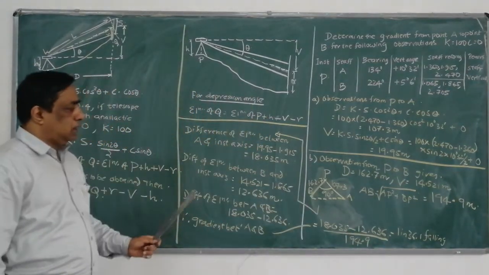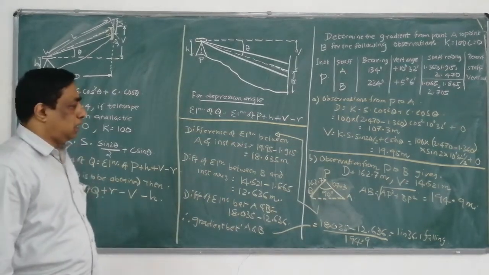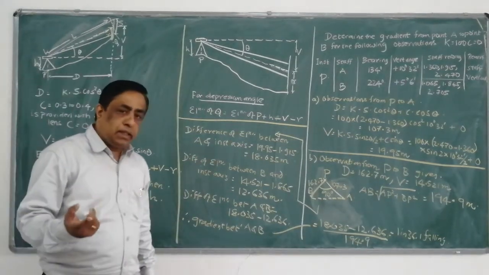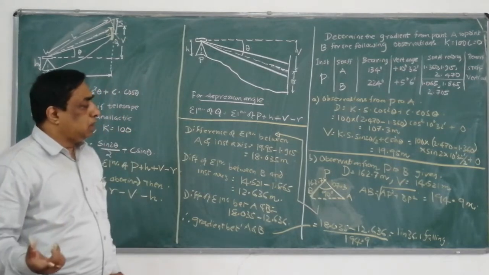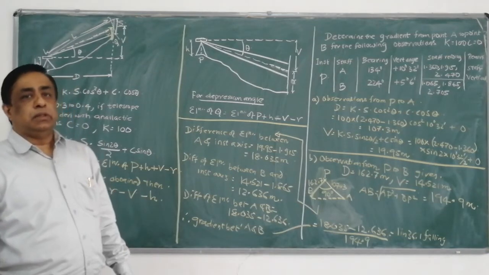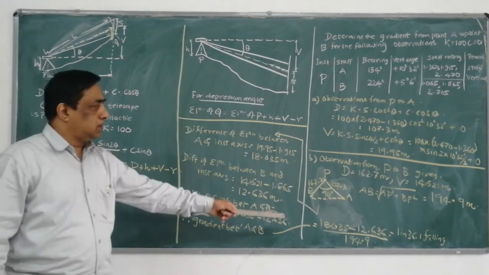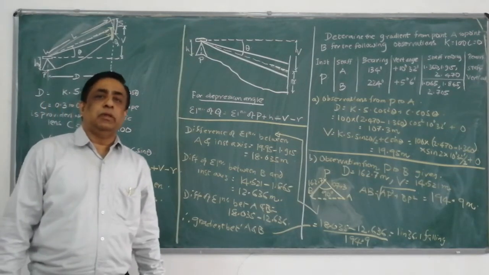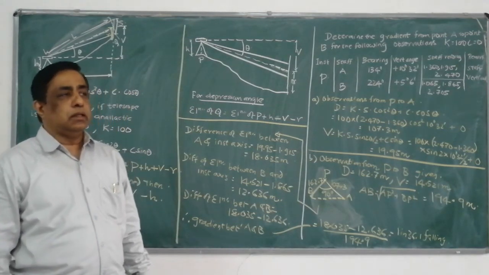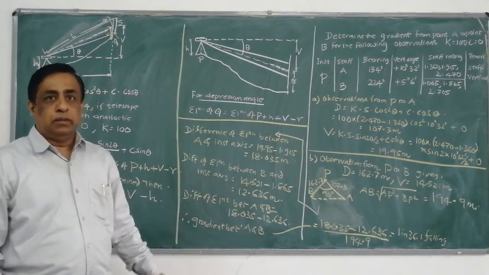That is, the gradient from A to B is falling at a gradient of 1 in 36.1. That is how the gradient is expressed. So this is how the tacheometer problem is going to come, and we have to solve it in this way. Thank you.